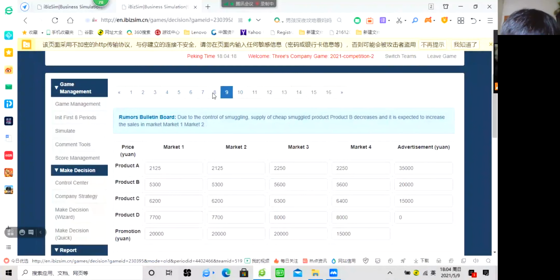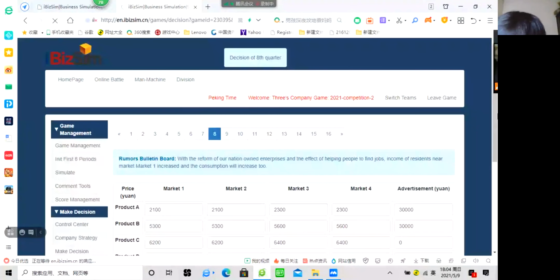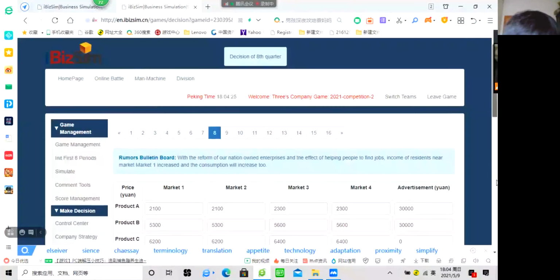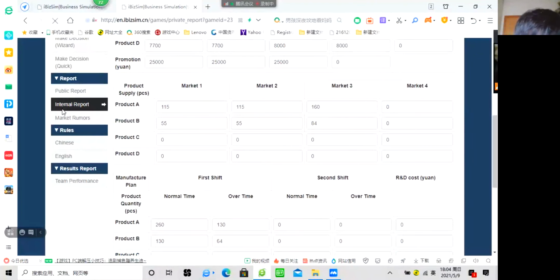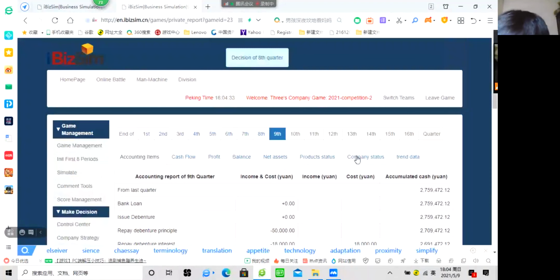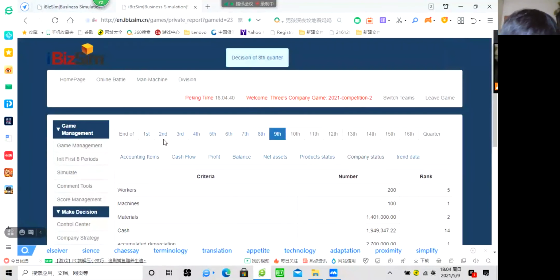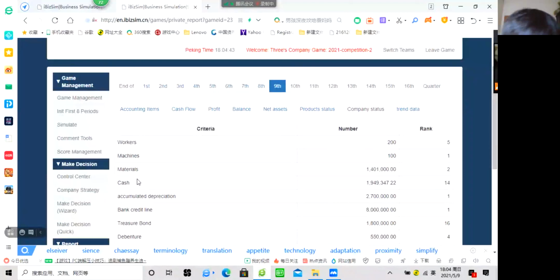So we go through here, quarter 8, to see our internal reports, to see our products status, to see our three company status. Here, workers, we have 200 workers. Machines, we have 100 machines. How about the raw materials? We have that already.